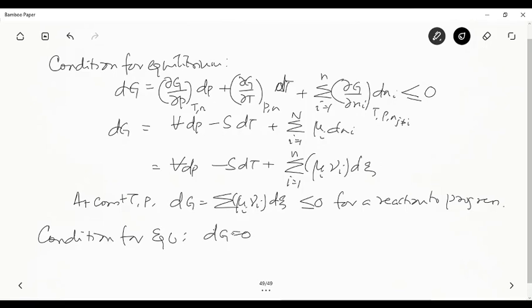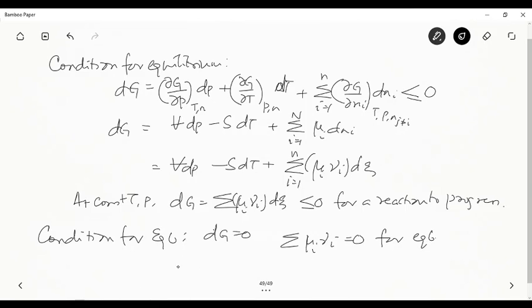That is, G has already reached a minimum, so it cannot go in either direction, because in either direction it would have to increase in G, and therefore it's in equilibrium, in which case this has to be 0. Because d xi is arbitrary, the summation of nu I mu I is equal to 0 for equilibrium. This is a very important condition.